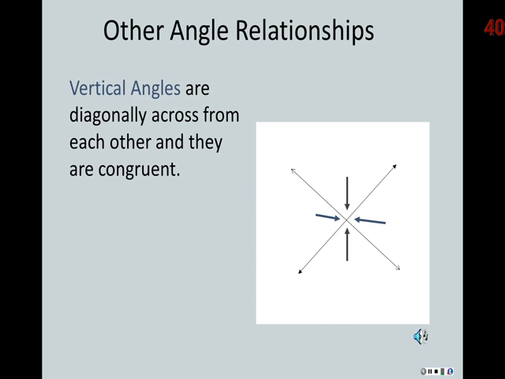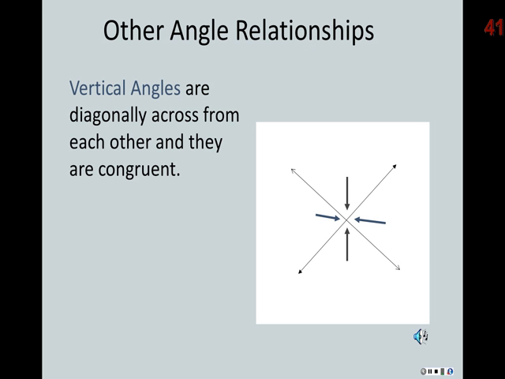Okay? Now, this is the relationship with vertical angles. Opposite angles are equal. I want everybody to say that. Opposite angles are equal. So, I've got 2 crossing lines here. This angle and this angle that are formed in these 2 crossing lines are equal. This angle and this angle are equal.